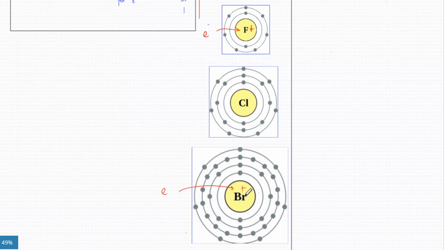So its ability to attract an electron that's much further away would diminish, because the other electrons are going to come in the way. They're going to block this electron, actually repel it, and not allow it to come close to this nucleus. Do you get this point? Is this clear? Siddha, is this clear?